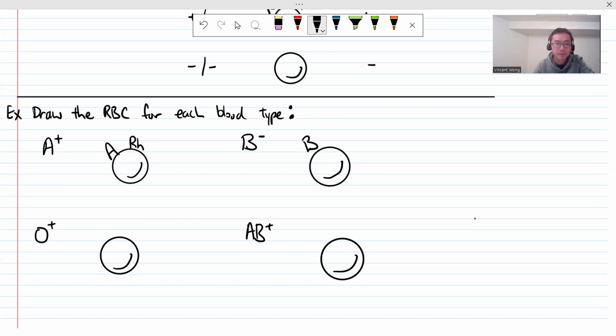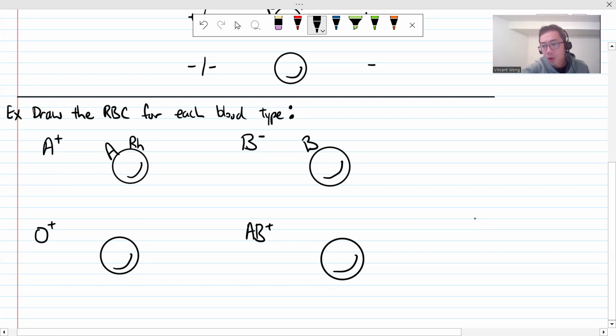Small i. Small i is not a thing, right? Small i is the allele, and small i means you don't make anything, right? So for someone who is type O, do they have A or do they have B? None of them. That's right, no A and no B. So in that regard, it's just going to be empty. But the person is positive, which means there will be RH.